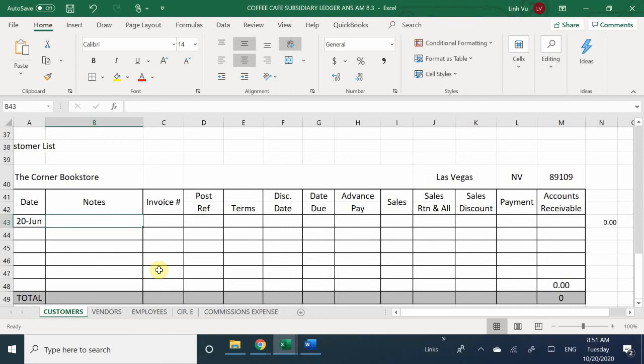Or invoice number. We have the invoice number section already. Okay. Check number. Is it check number 784? 784. Yeah. Okay.